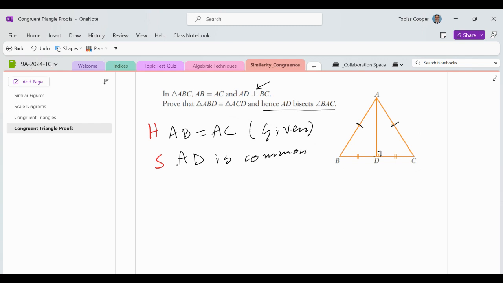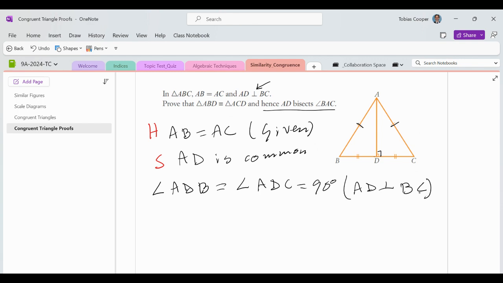thing we're going to look at is angle ADB. So angle ADB is equal to angle ABC equals 90 degrees. And the reason for that is AD is perpendicular to BC.